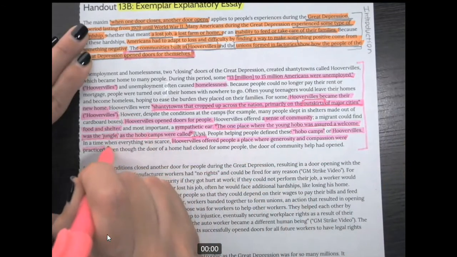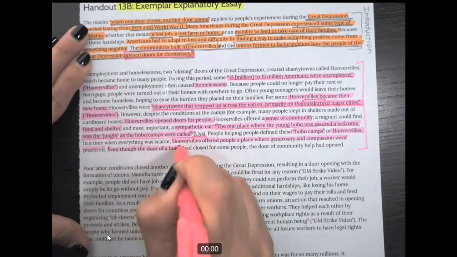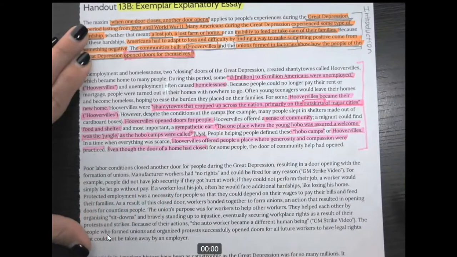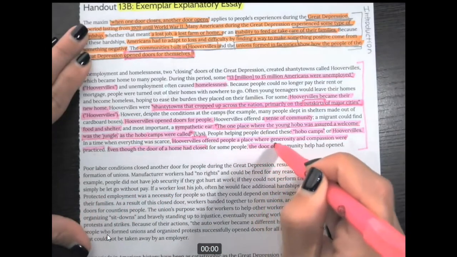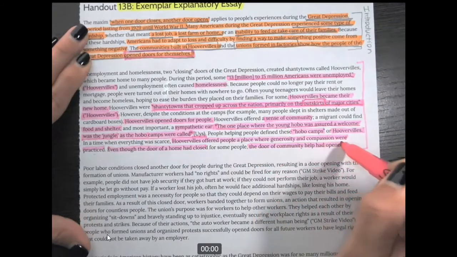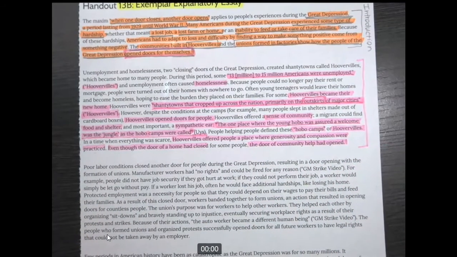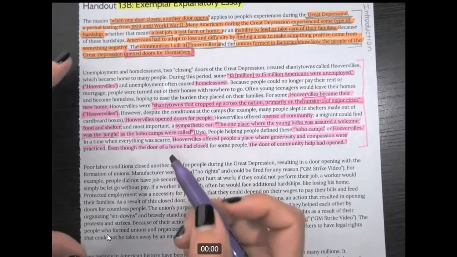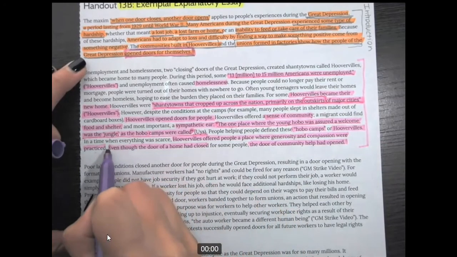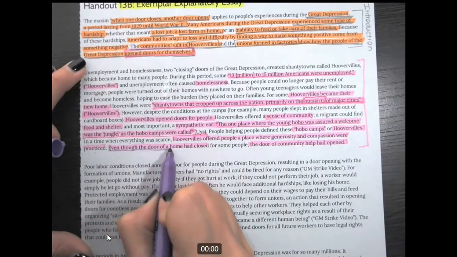Even though the door of a home had closed for some, the door of community help had opened. So, I really want us to focus on this very last sentence because it's so powerful.